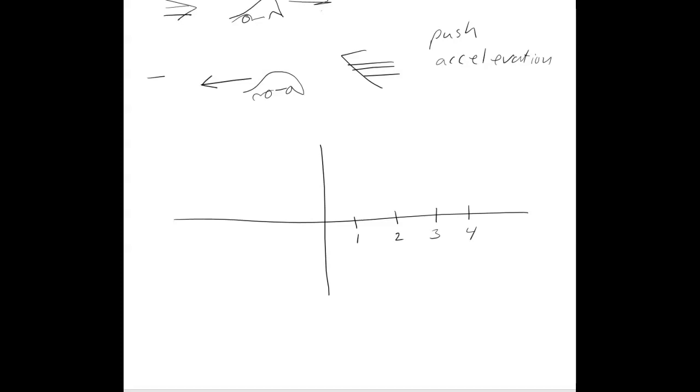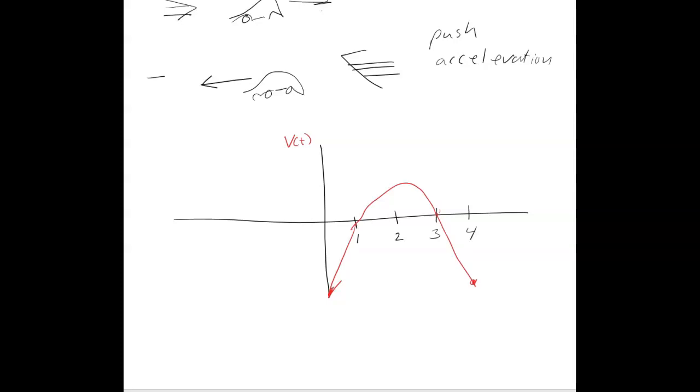So if I graph my velocity, I'll do that in red, in feet per second. It went down to negative 54 here, comes back through there, and goes down here, and stops somewhere down there. So there's my velocity function.